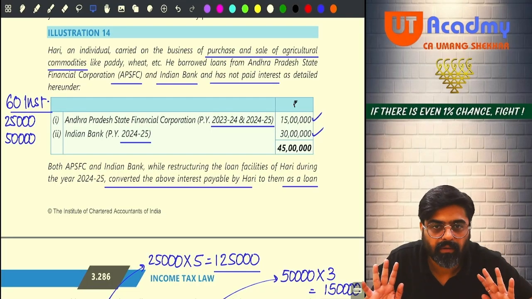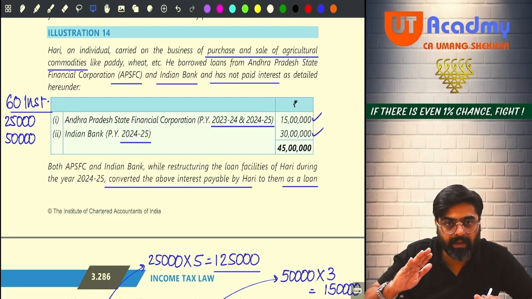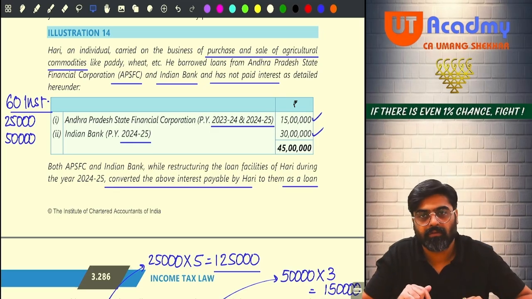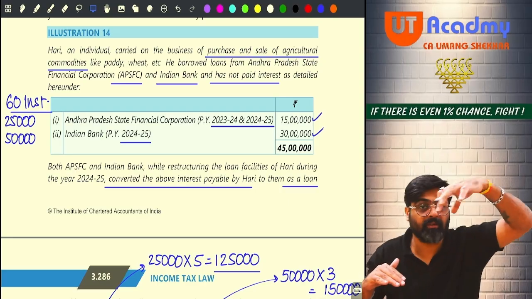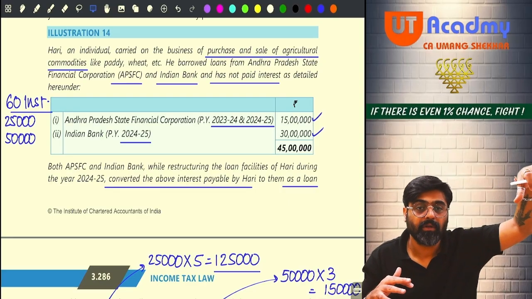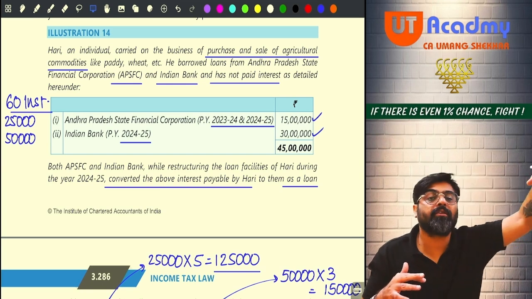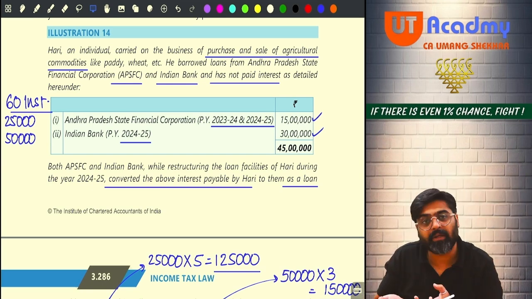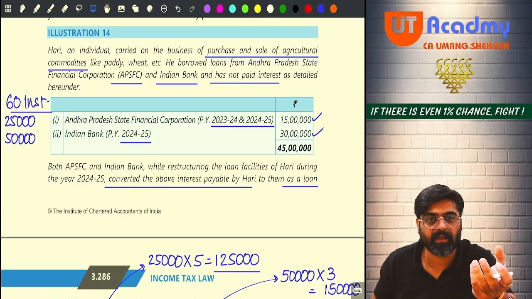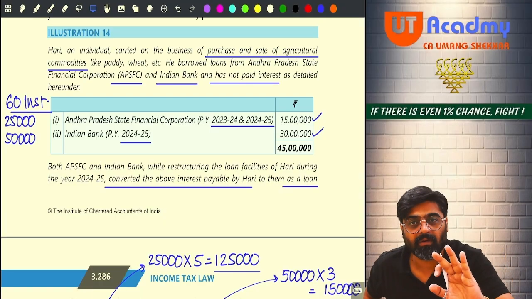Now out of that 15 lakhs, you are paying 5 installments. This 15 lakhs was payable in 60 equal annual installments. Out of 60 installments, 5 installments are paid in this year. So to the extent of that 5 installments, whatever interest is there is paid in this year, no?